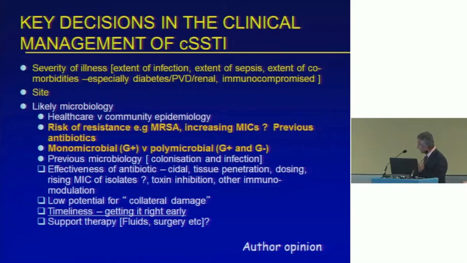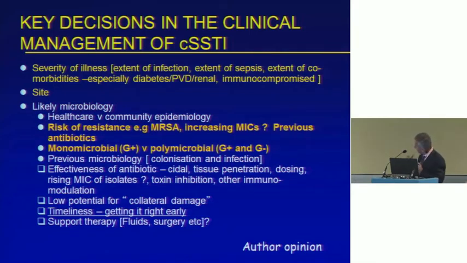This is my thinking when I come across a patient with an aggressive, complicated skin and soft tissue infection. What really drives my practice is how unwell they are, and how you diagnose severity, what their comorbidities are, and where the site of infection is. Then it's about whether this could be a resistant organism, understanding my local epidemiology, the epidemiology of the region and the country that I work in.